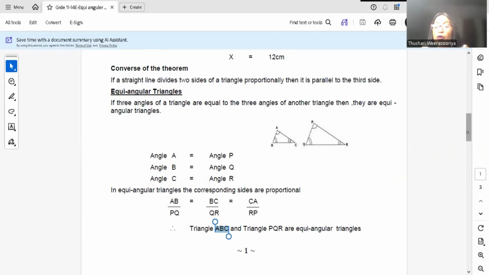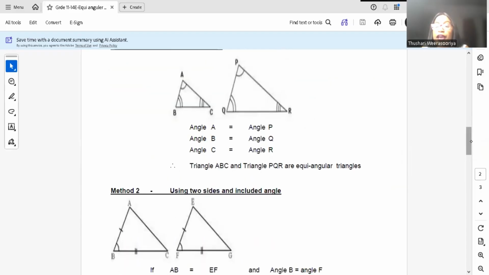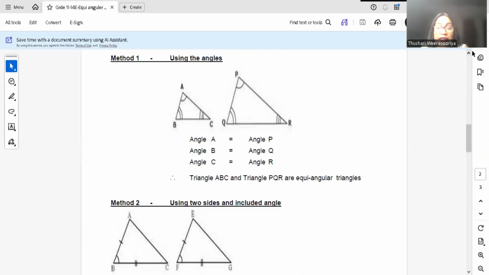Now we'll see how to identify the equiangular triangle. Can you remember congruent triangles? In congruent triangles, we had 4 cases: SSS, SAS, ASA, RHS. Here also, there are 3 methods to identify equiangular triangles. Now, the first method is using angles. Very easy.